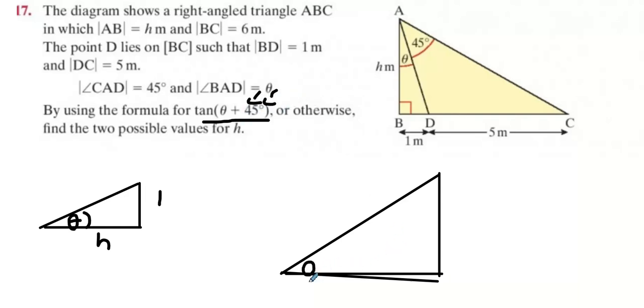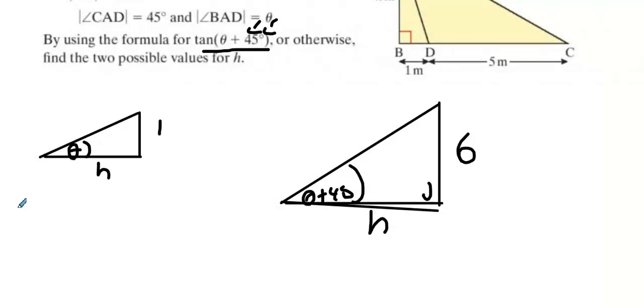So you're theta and you're 45. Do I know the adjacent? It's 6, isn't it? Oh, so it's h, is it? That's handy. All right, cool. Let's see what I can do with this.